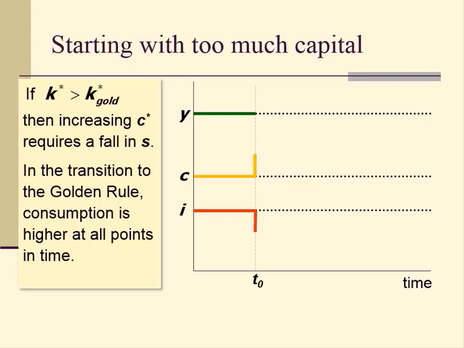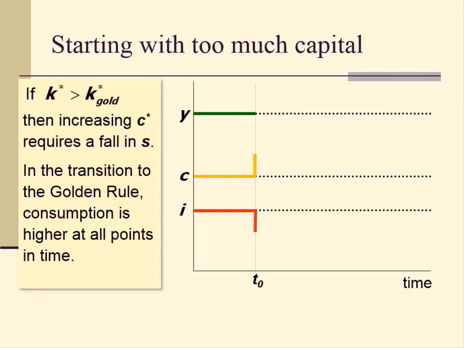But in the transition to the golden rule, the consumption is higher at all points in time. After t0, in the previous steady state, saving and investment were just enough to cover depreciation. Then saving and investment were reduced.